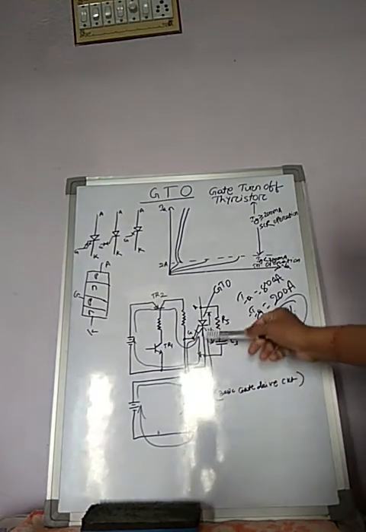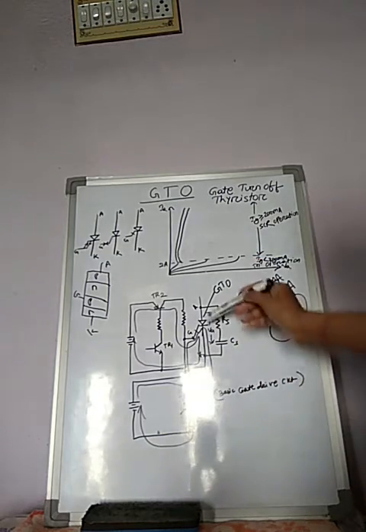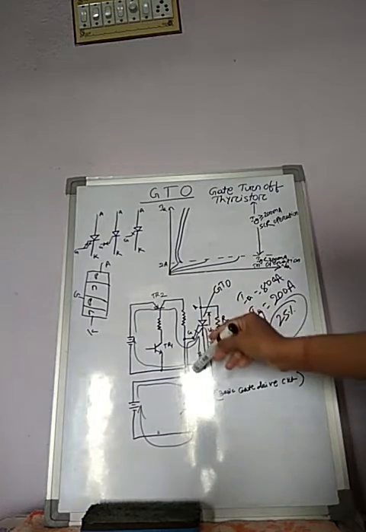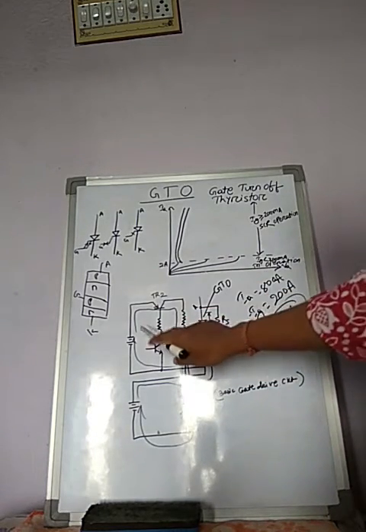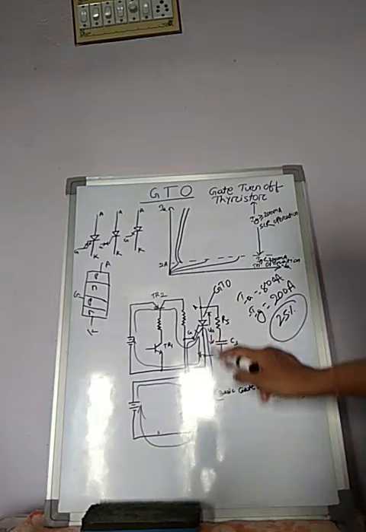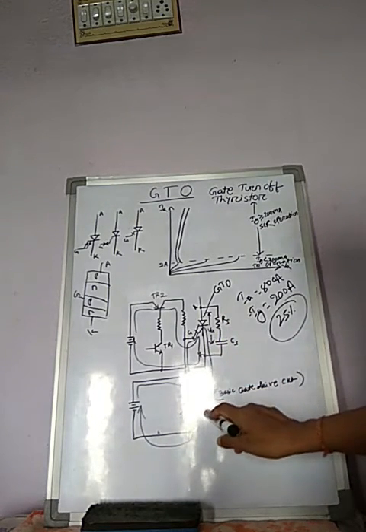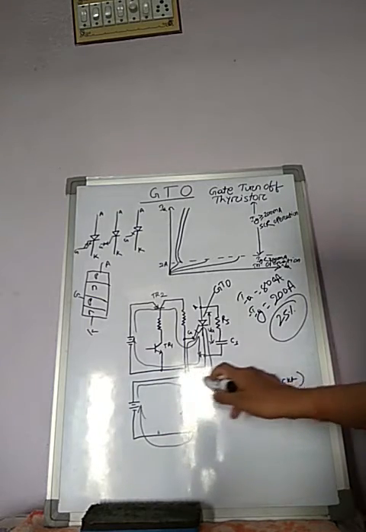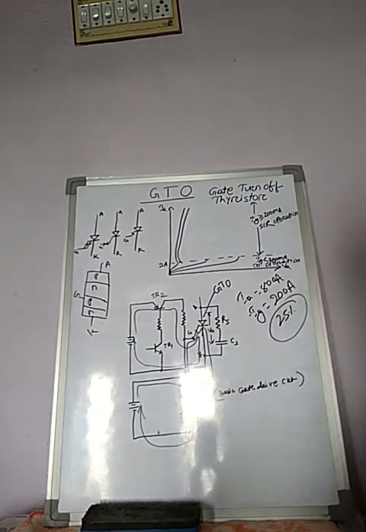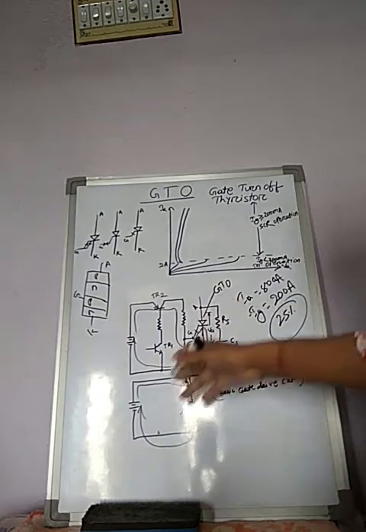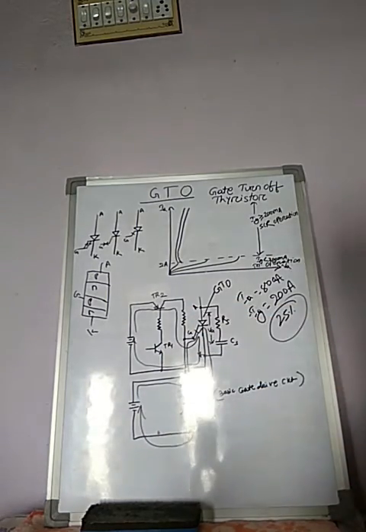Here the direction of current through the gate is from cathode to gate, whereas in the previous circuit the current direction was gate to cathode. So when this device is turned on, a large negative gate current pulse starts flowing through this device and ultimately turns off the GTO.